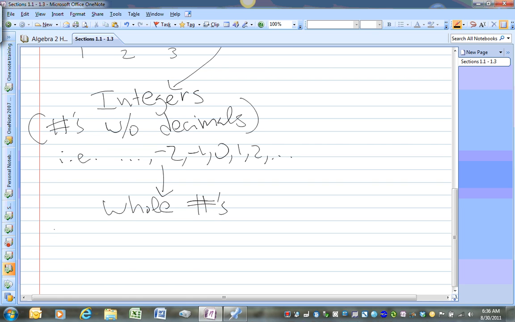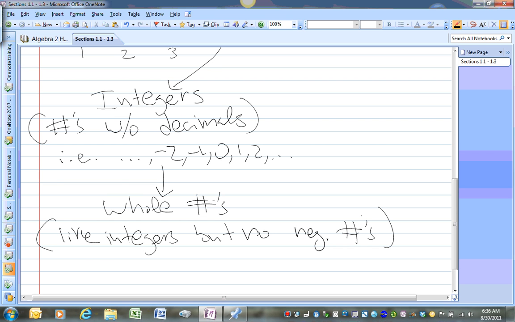Whole numbers, like integers, but no negative numbers. So we start 0, 1, 2, 3, 4, dot, dot, dot. They go on forever after that. So that's basically what we expect from all the properties of numbers.